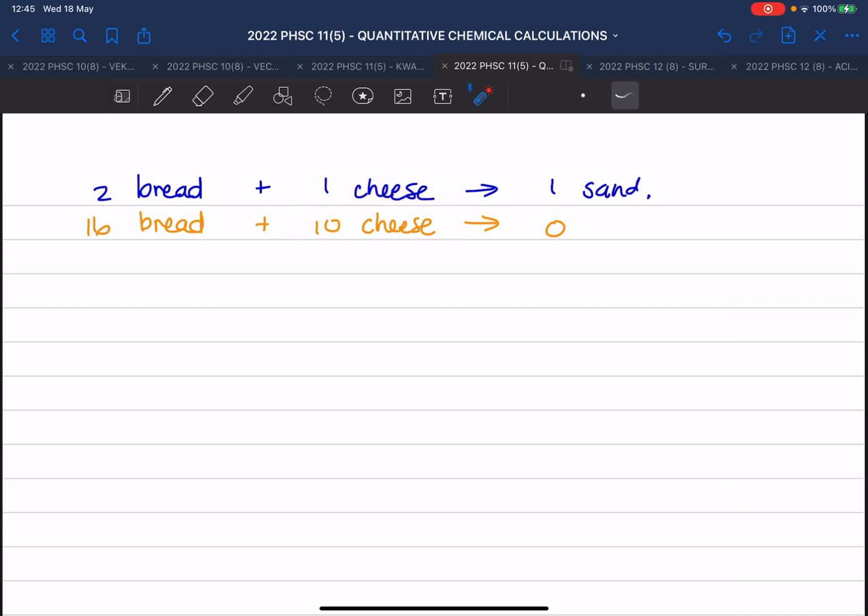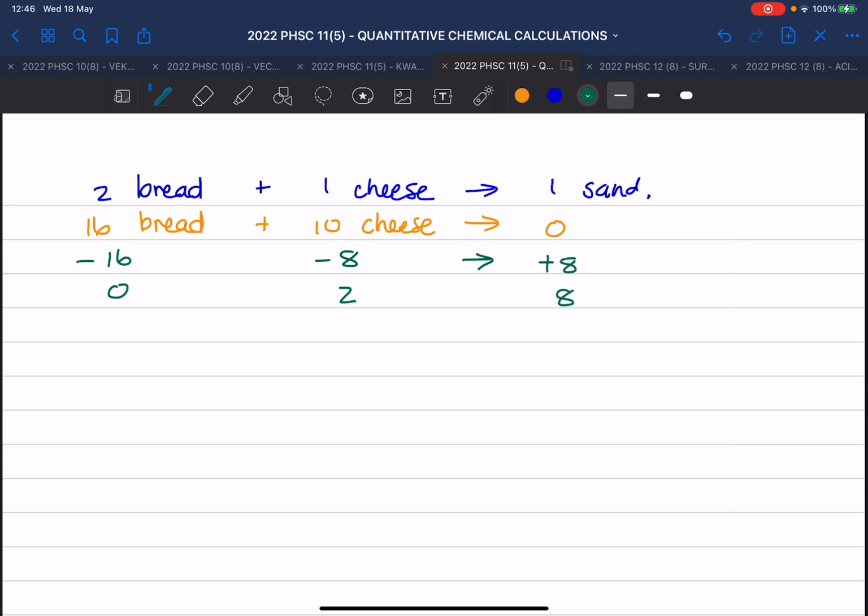I can do it the other way around. If I use 10 slices of cheese, how many slices of bread do I need? 20. I don't have 20 slices of bread, so I have a limiting amount of bread. So we would have used all our bread and 8 slices of cheese, and then we get 8 sandwiches at the end.